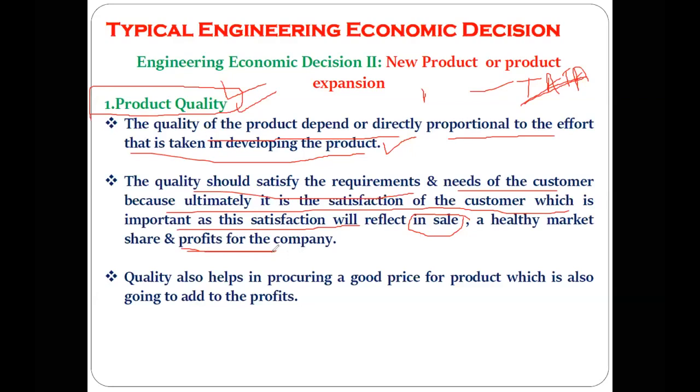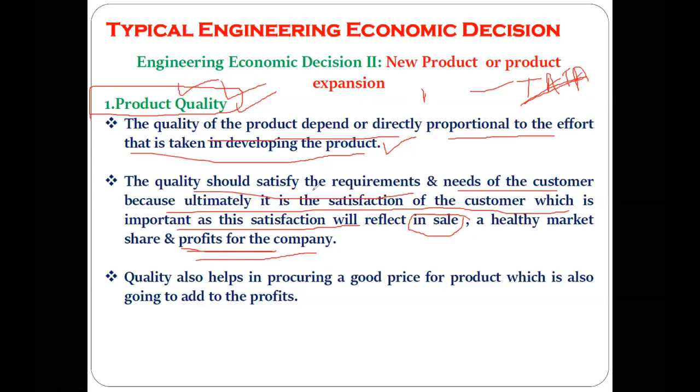Understood? Now, all these things will happen if the company, that is Tata, is producing a product of good quality. Yes or no? Yes. When the customer gets satisfied, the selling of that product will increase, and if the selling increases, definitely the profit of the company will increase.